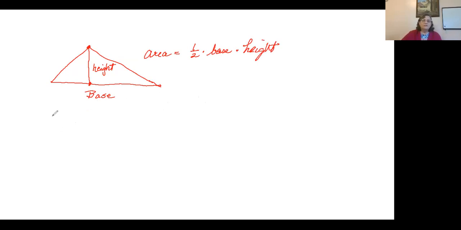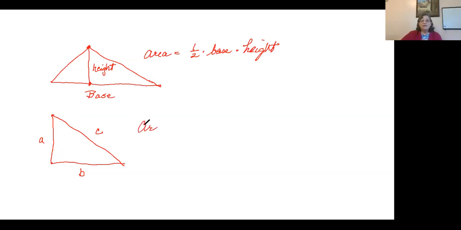Now, another triangle that people work with a lot would be a right triangle. With a right triangle, the area is going to actually be the length of the two legs, because these two legs would constitute, if you let one of them be the base, the other one will be the perpendicular distance from the other corner to that.